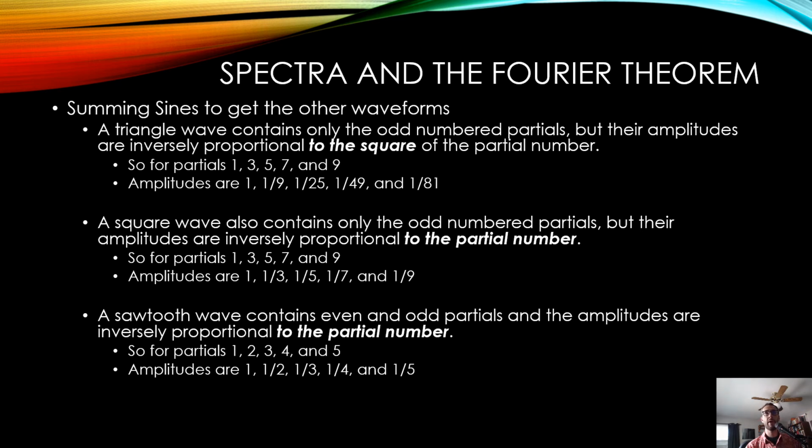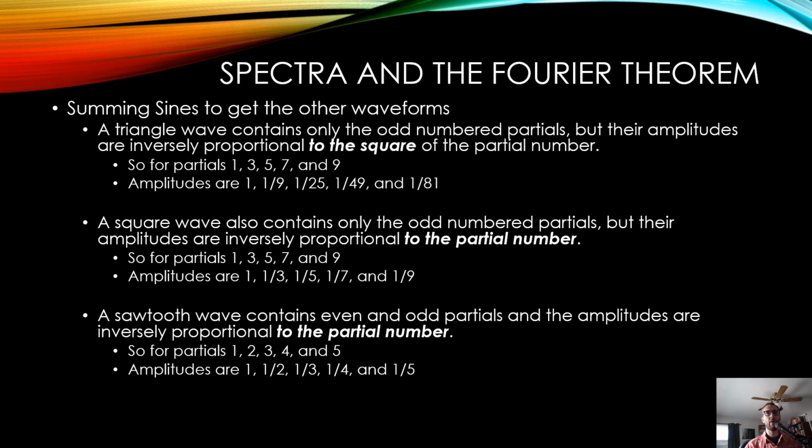The amplitude of partial 3, well, 3 squared is 9, and then to inversely proportion that, you divide 1 by that, so 1/9. Okay, partial 5, well, we square that, that's 25, so that becomes 1/25. 7 squared is 49, so 1/49, and 9 squared is 81, so 1/81.